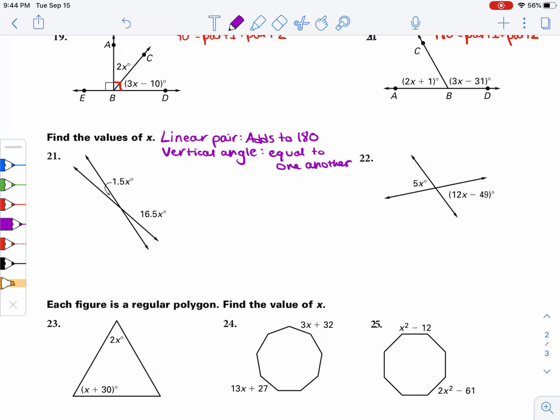So you have to decide which of these you're going to set equal to each other and which of these you're going to add up to 180. And just notice here this 16.5x is this big outside angle. It's not that little one inside.